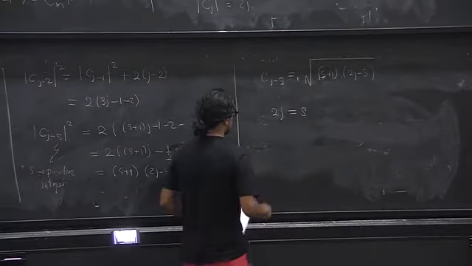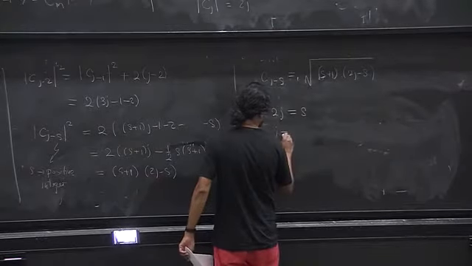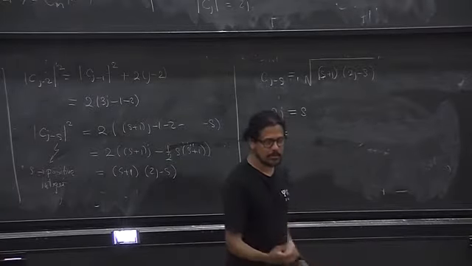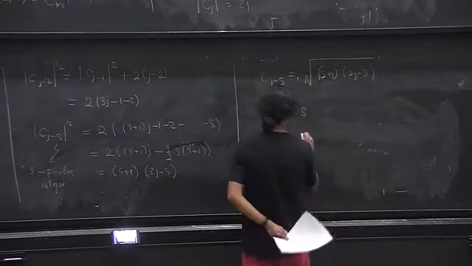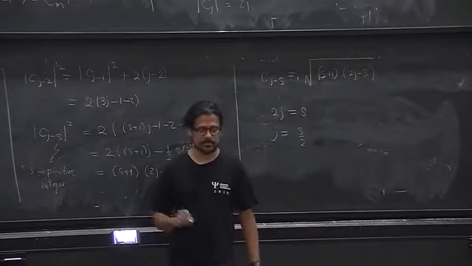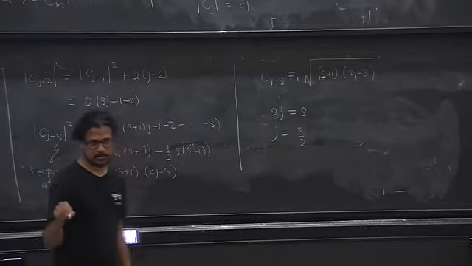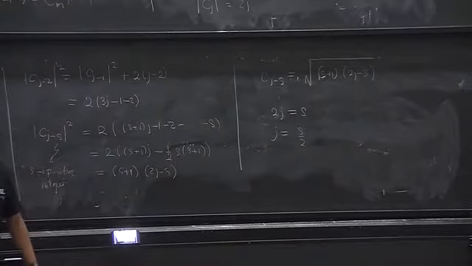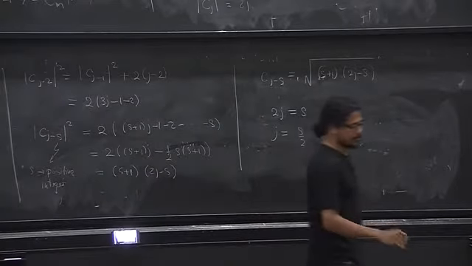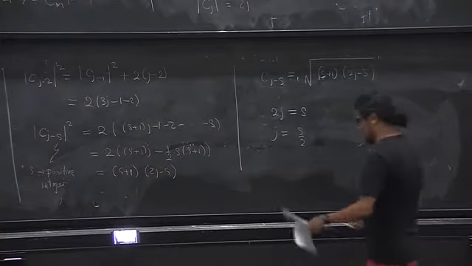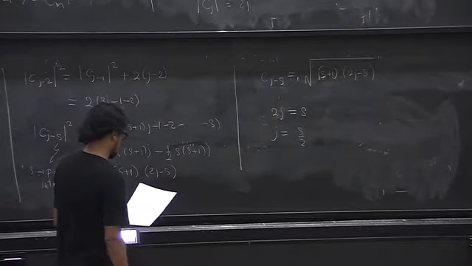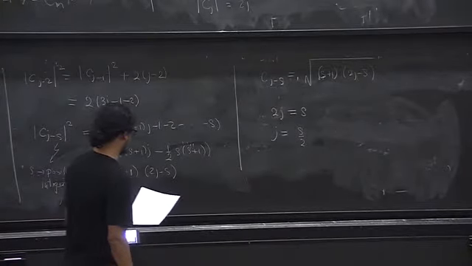So this means that the value of j, the highest eigenvalue of m, is s by 2. So it can be either an integer or a half integer, right? Positive integer or positive half integer. The highest value of m. So j is a positive integer or a half integer.